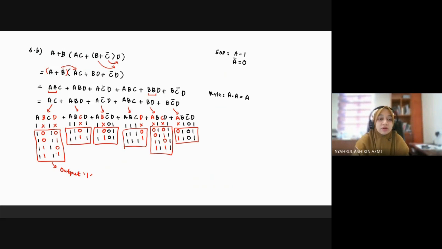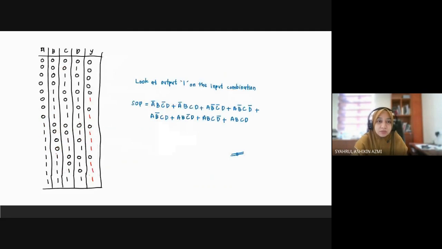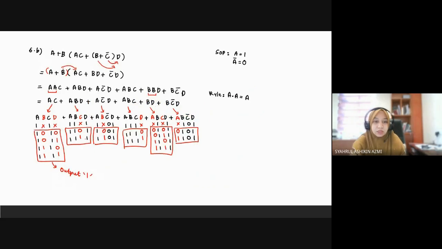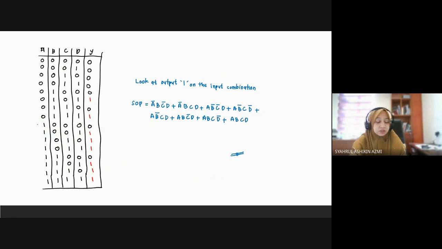So if I put all this into the truth table, this will be my truth table here, where I list out all the outputs with 1 based on all these possible input combinations in this red box over here. So in order for you to write out your standard SOP form, look at the ones that have output of 1 only.